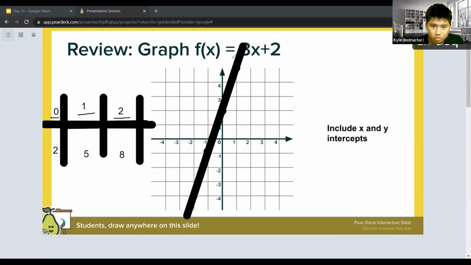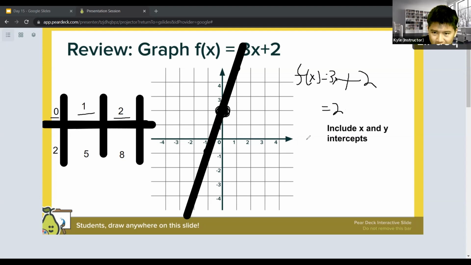Our equation is f of x equals 3x plus 2. Now, because we can put in 0 for the x, we get 2 for the y. And then the first point, the y-intercept, we put right here.